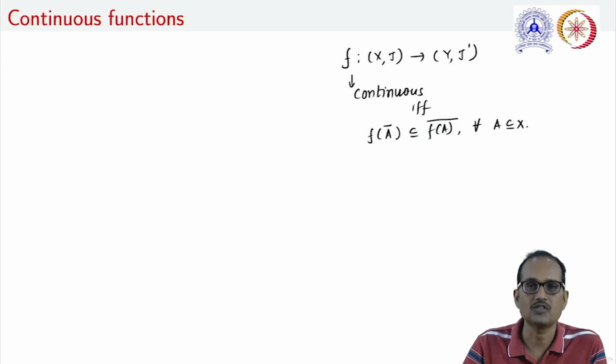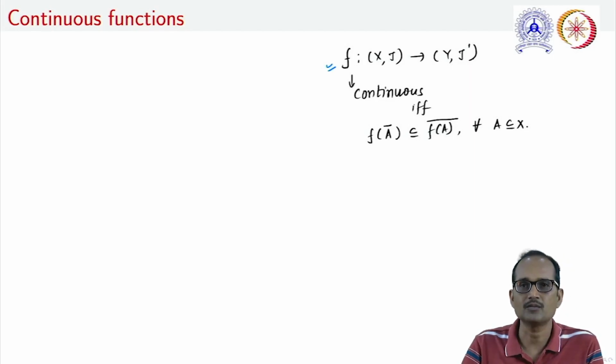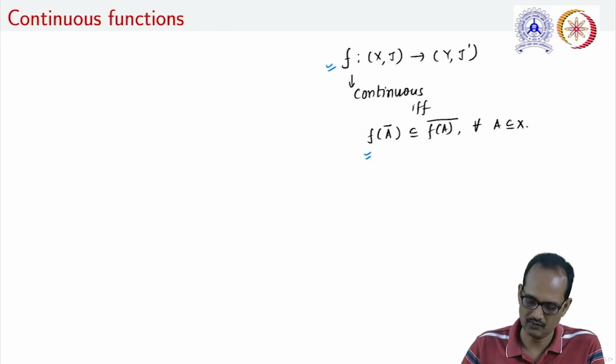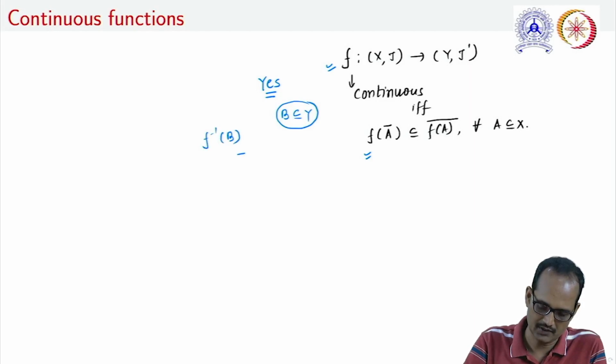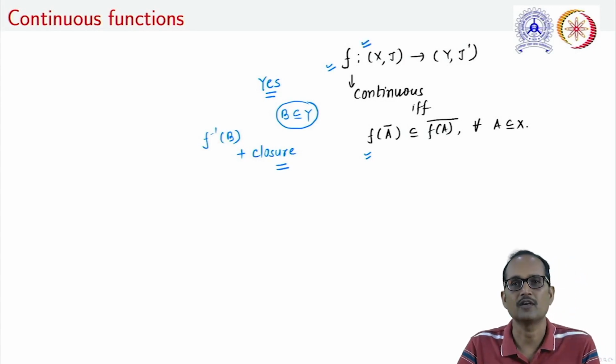A natural question is, can we characterize the continuity in terms of inverse image as well as closure? Answer is yes, we can do it. What exactly we will do is take some subset B of Y and take the inverse image of this B, and use the concept of closure to characterize the continuity of this function.